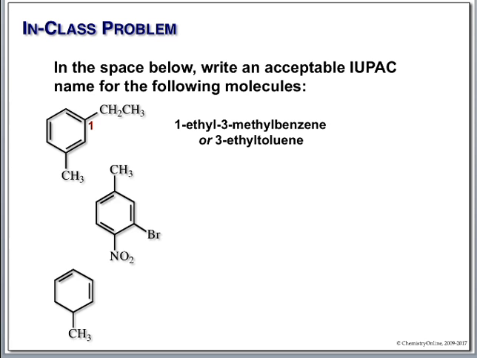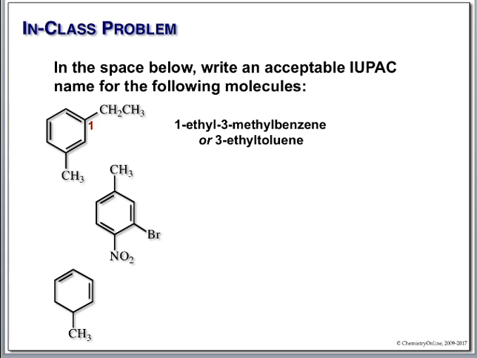Our next one is a tri-substituted benzene. Once again, we want to try to come up with carbon number 1. Because it's tri-substituted, we're going to look for our lowest number sequence at the first point of difference.